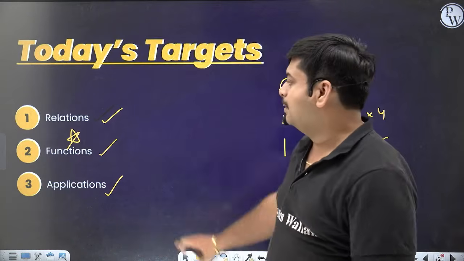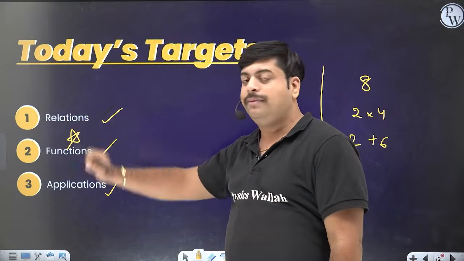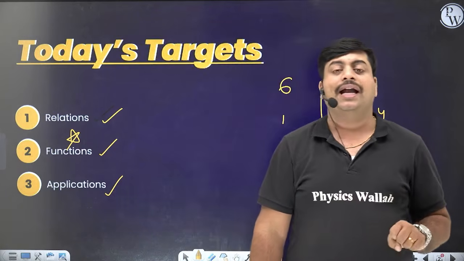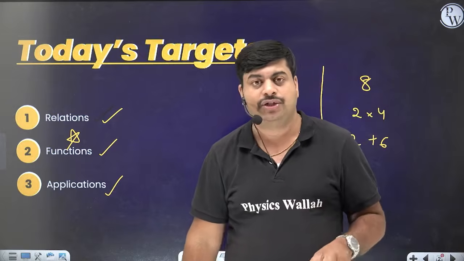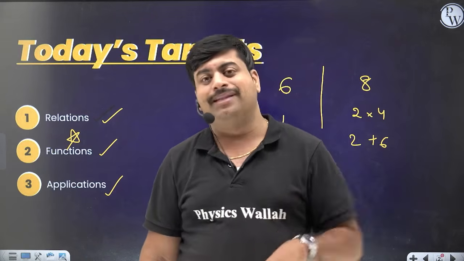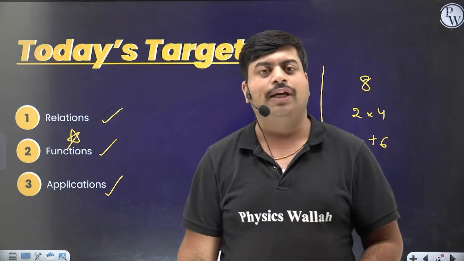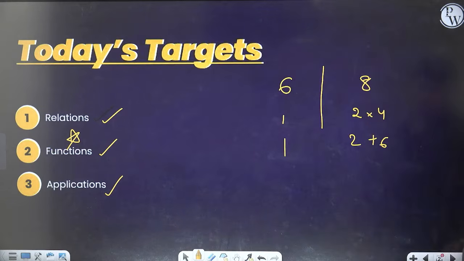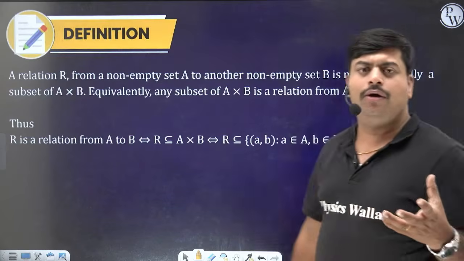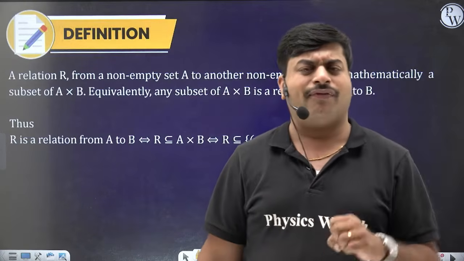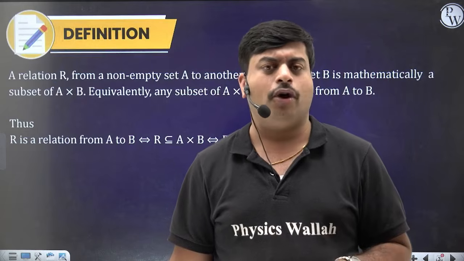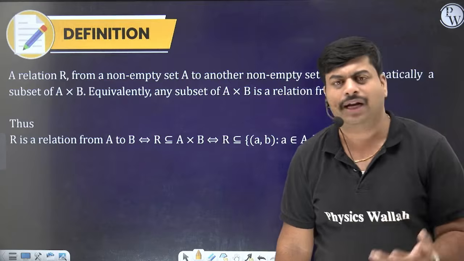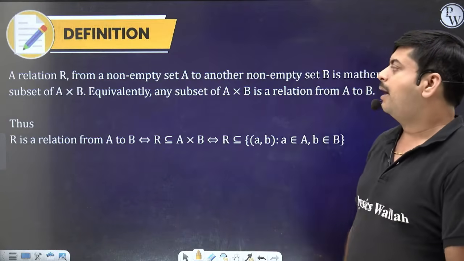So we can see major questions from functions, and from relations some statement will be given, and we need to find whether it is an equivalence relation or whether it is only transitive, only symmetric, only reflexive, like that. So we are going to cover all those in today's lecture. We'll have some discussion on the synopsis part, very fast discussion. Will not spend hours and hours on that. In hardly 1.5 hours we'll be completing the chapter.